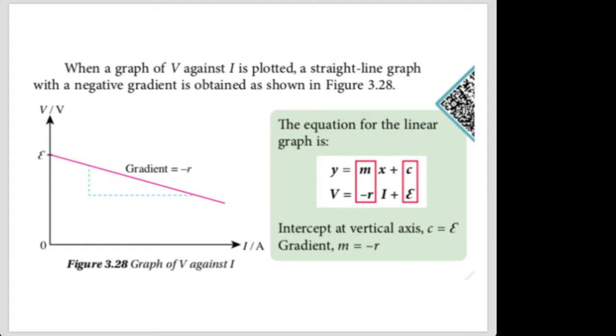You could just treat the equation as a linear equation, y equals mx plus c. Just input all the values. You get V equals negative r I plus epsilon. Right? So you can also apply the formula to a graph. And the gradient will give you the negative r. So yeah. Important things.